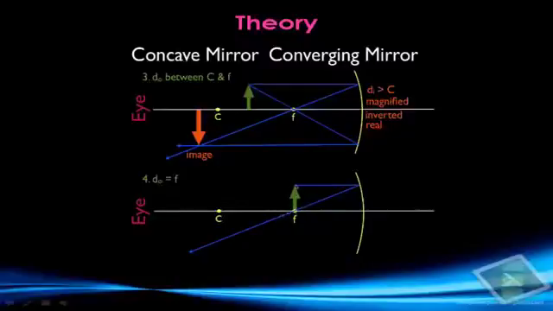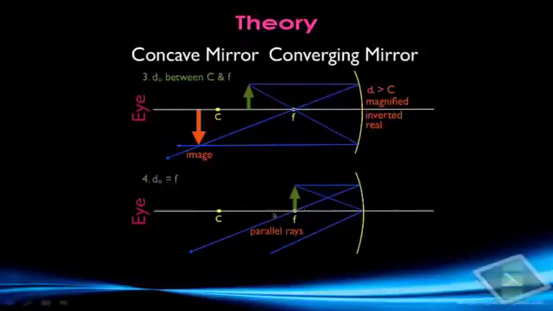So what we're going to do is draw a second ray that comes in and strikes the mirror right at the principal axis, like that, and then it's going to reflect at an equal angle. So this angle, the angle of incidence and the angle of reflection, have to be the same. And you'll notice when we're right at F, these light rays do not converge. They're parallel.